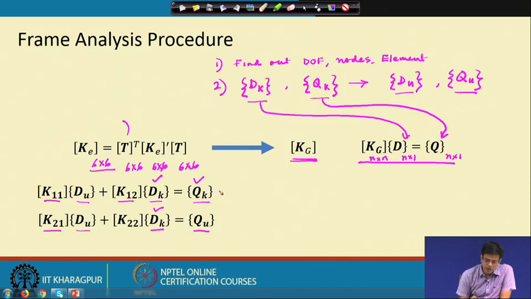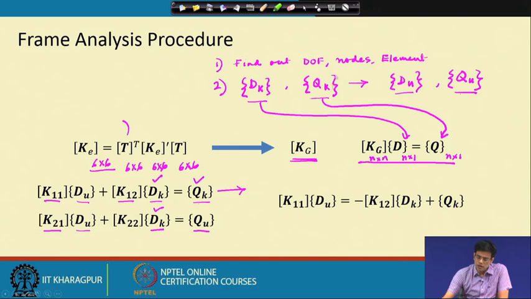So, you take the first equation. The first equation solution is very simple. You have to take the part of the stiffness matrix K12 and multiply it with the known degrees of freedom, and then it will add into the force, that is Qk, and then this goes to the right hand side, and then you find out the du.